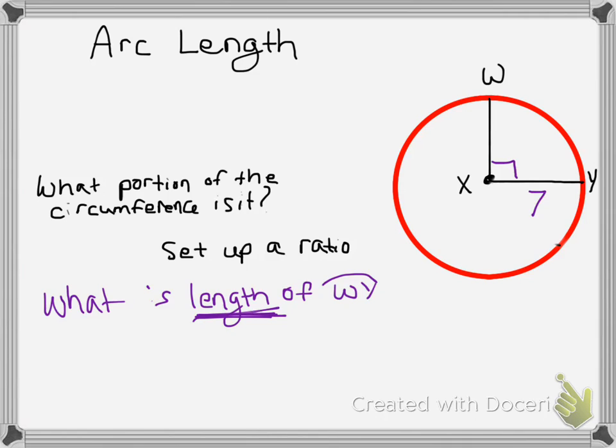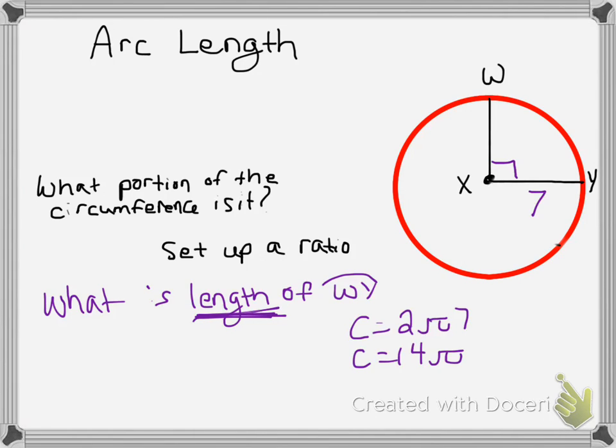The easiest way to do it, in this case, is to find the circumference of the circle: circumference equals 2 pi 7. Circumference equals 14 pi. Then think about how this circle is divided up.